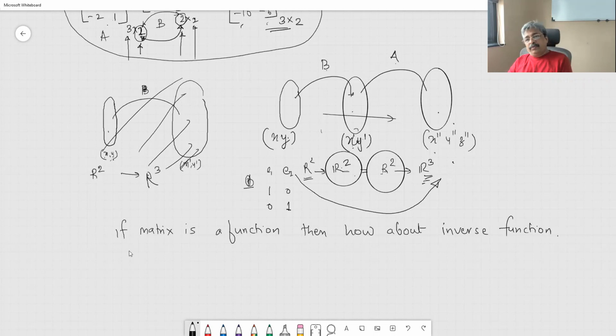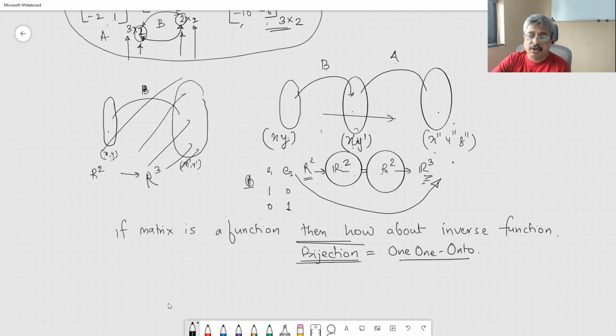Oh, when we learned inverse functions, we were very, very careful because inverse functions are dangerous functions. So what is the necessary condition for a function to have an inverse? Bijection. The original function, if it is 1-1 and onto, then and only then can you think of an inverse function, otherwise not.